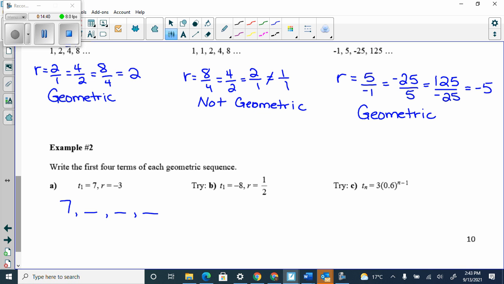By what? -3. Yeah. Multiply by -3, so what are you going to get? Yep. And then we multiply by -3, so we should get positive 63. And then we multiply by negative 3, and we should get negative 189.